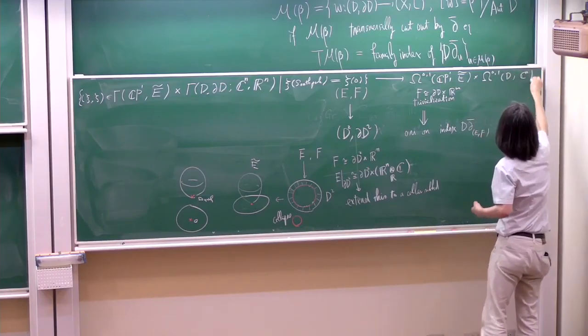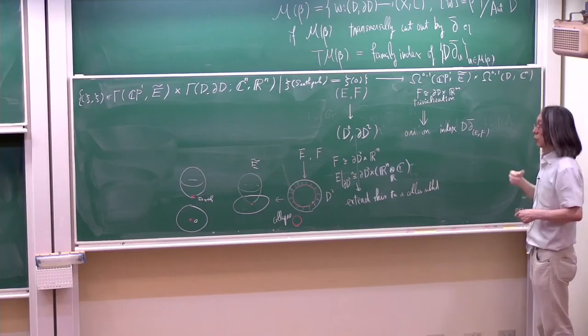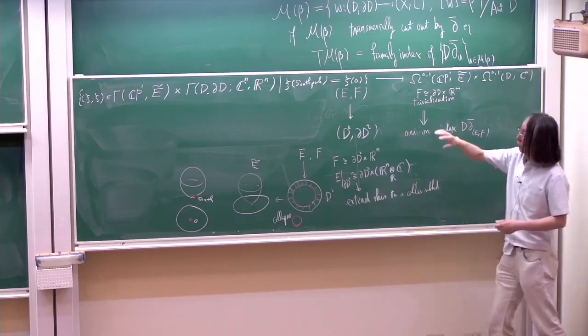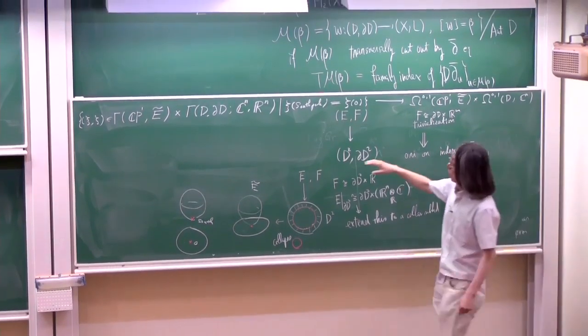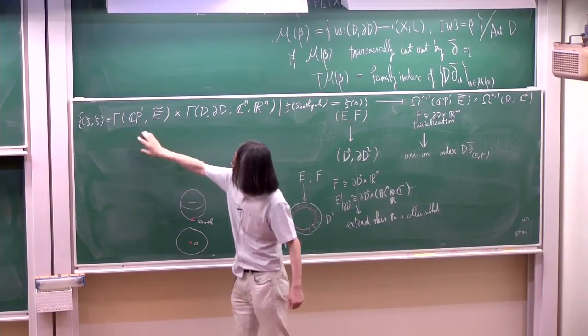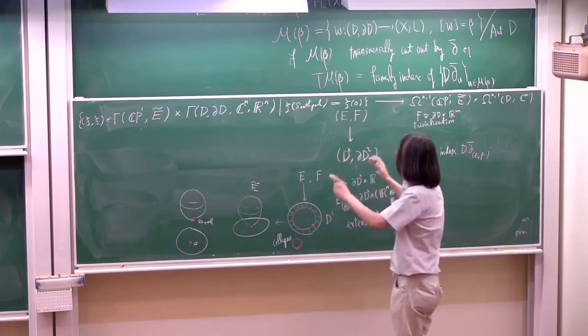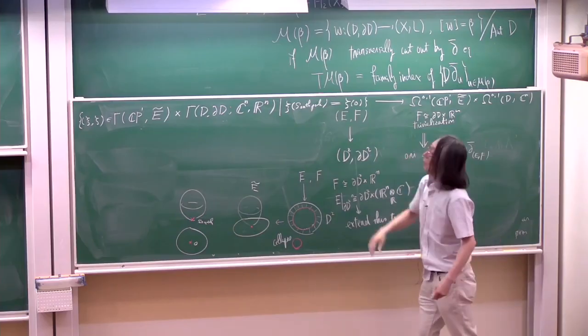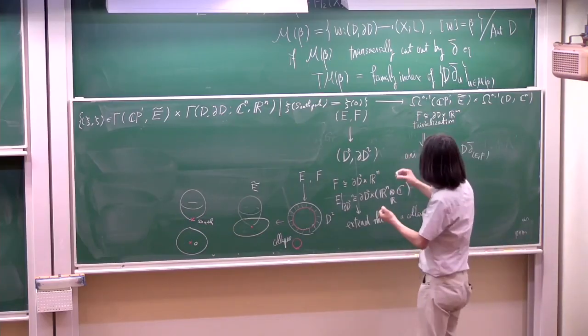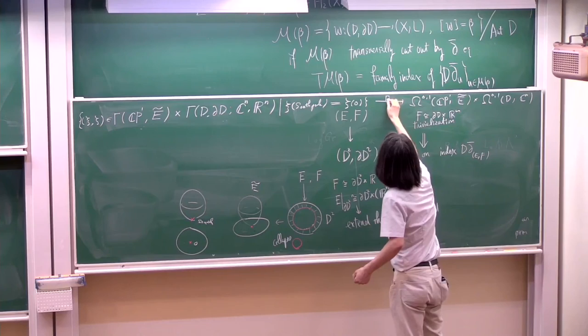Maybe I take the L2 completion or LP completion of this, and then we have this operator: the Cauchy-Riemann operator here and the coefficient operator here, restricted to this domain. And then I denote this operator D of 1.